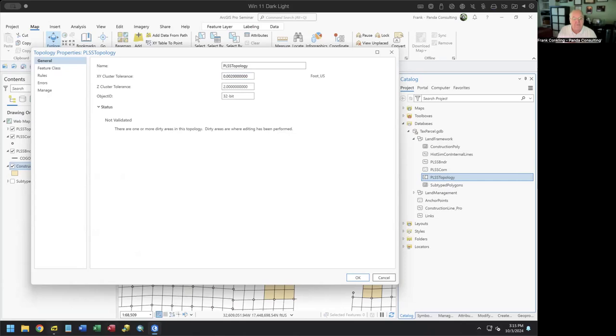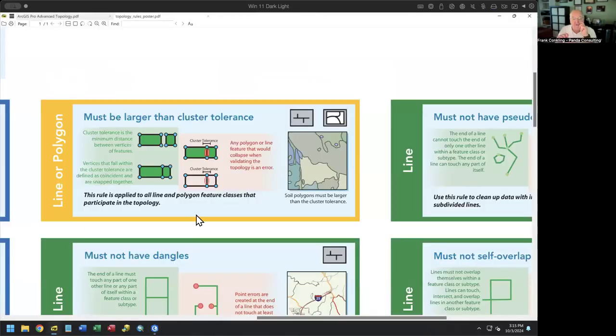And if you have vertices that were within that cluster tolerance, what this is basically telling you is that those points are going to be considered coincident. All right. They're going to be snapped together. You're not going to be able to do anything other than saying, yes, snap them together. They are coincident. And that applies to both the lines and to polygons.